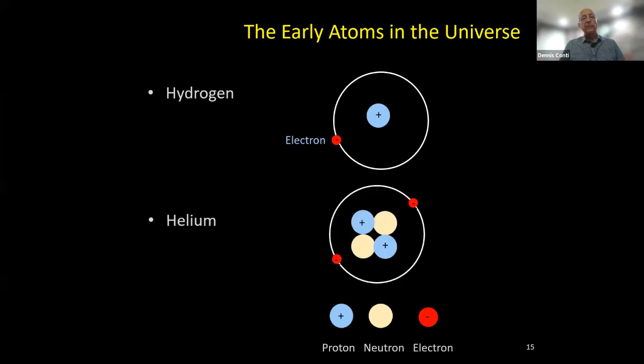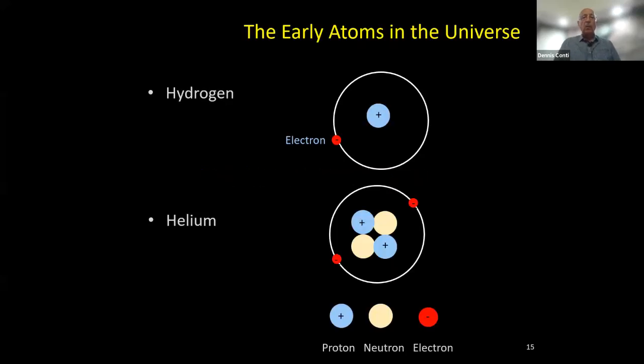The next early atom is helium, which is what we saw before. 2 protons, 2 neutrons, 2 electrons. So the 2 protons, positive charges, are offset by the 2 negative charges, electrons. So these are the early atoms in the universe.